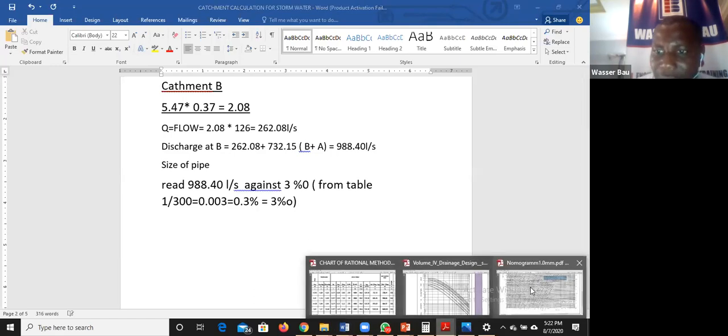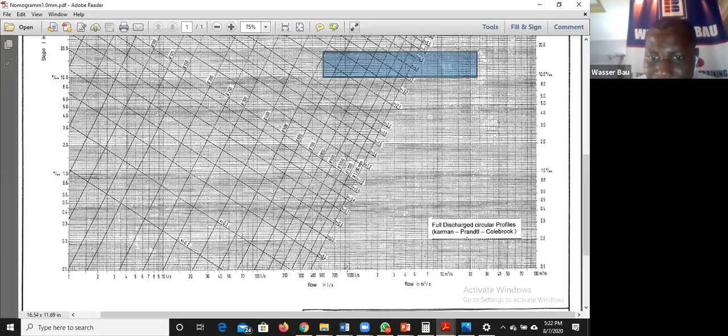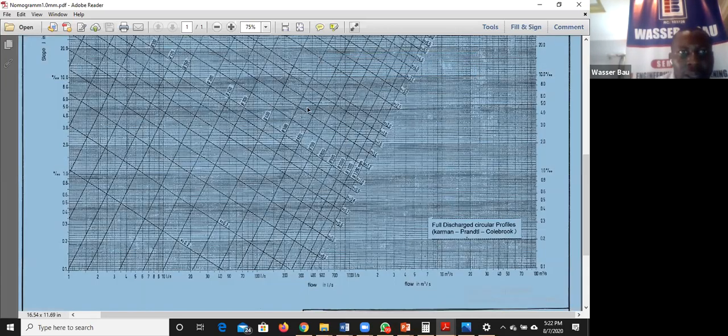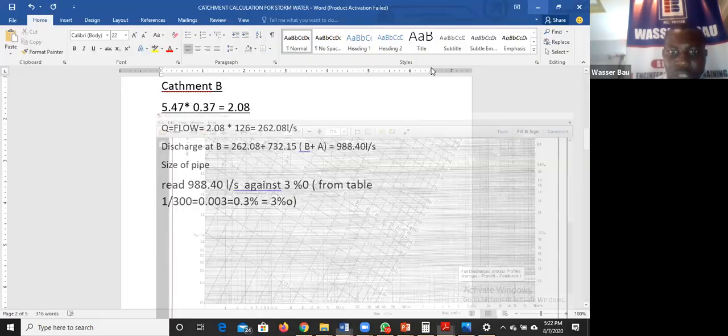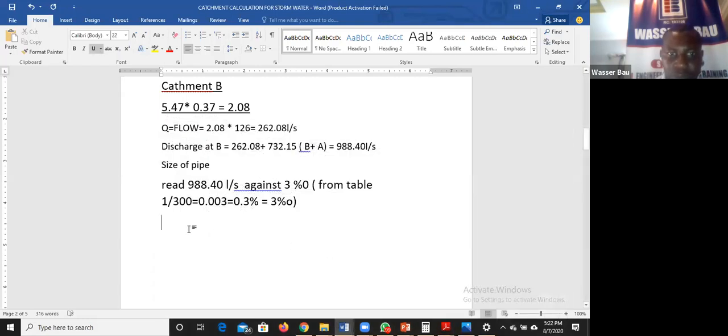So if you now go to the chart, 988 is almost like 900 here, against 3. So against 3, what are you seeing there? You get something like 900 mm, no? 800 mm. You get 800 mm.